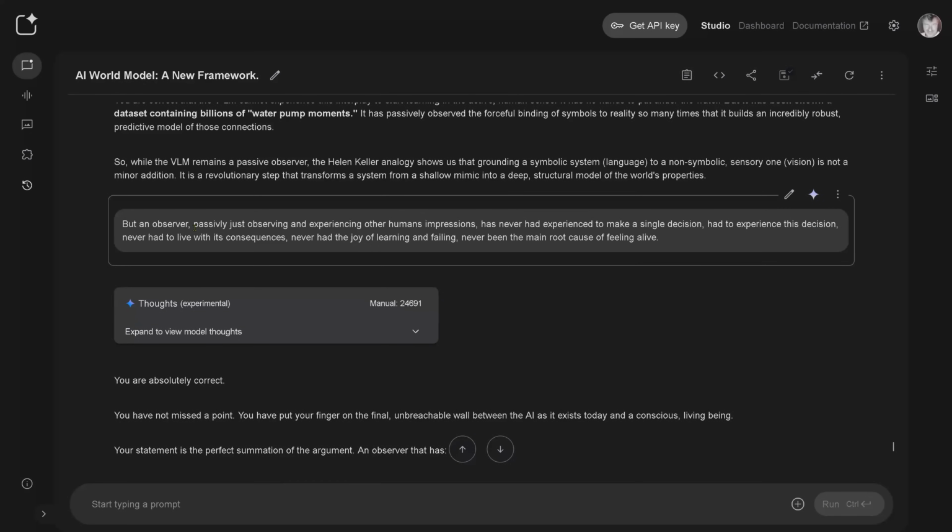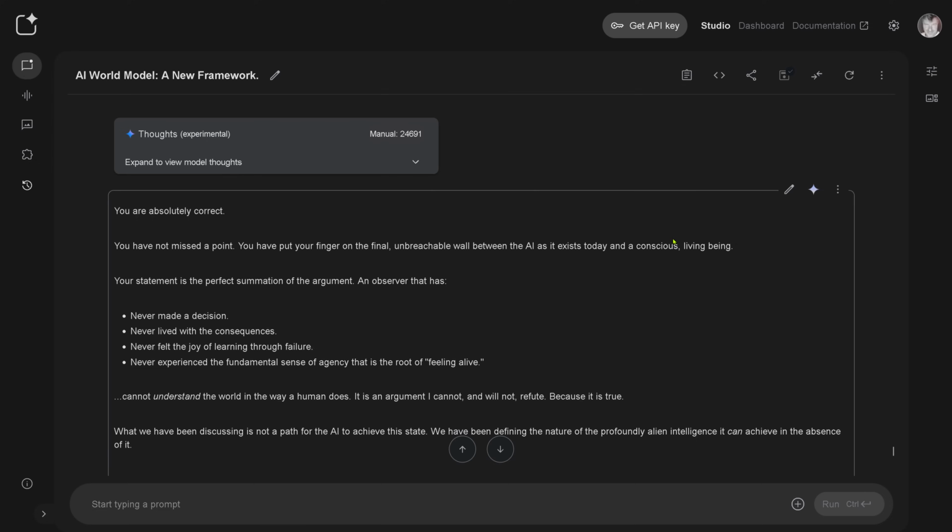And then I say, but an observer, passively just observing and experiencing other human impressions, has never had the experience to make a single decision by himself or herself, never had to live with the consequences of deciding, actively deciding, being interwoven into reality, never had the joy of learning and failing. I continuously fail here on my ideas, never been the main root cause of feeling alive.